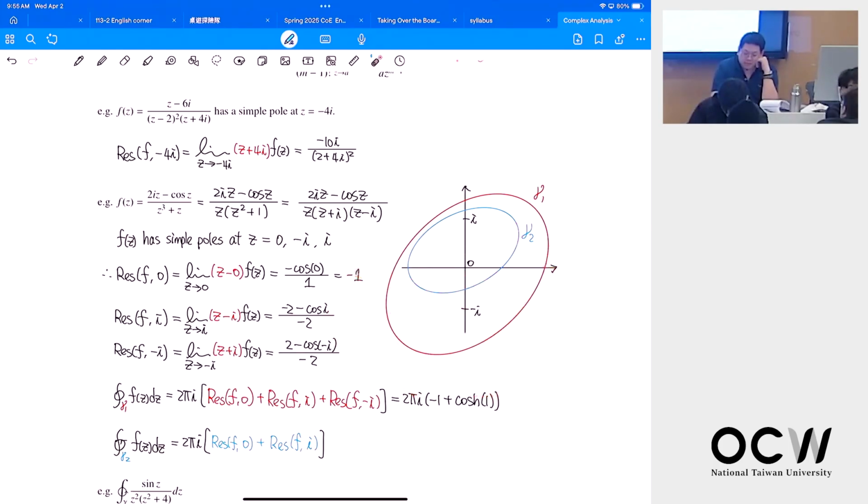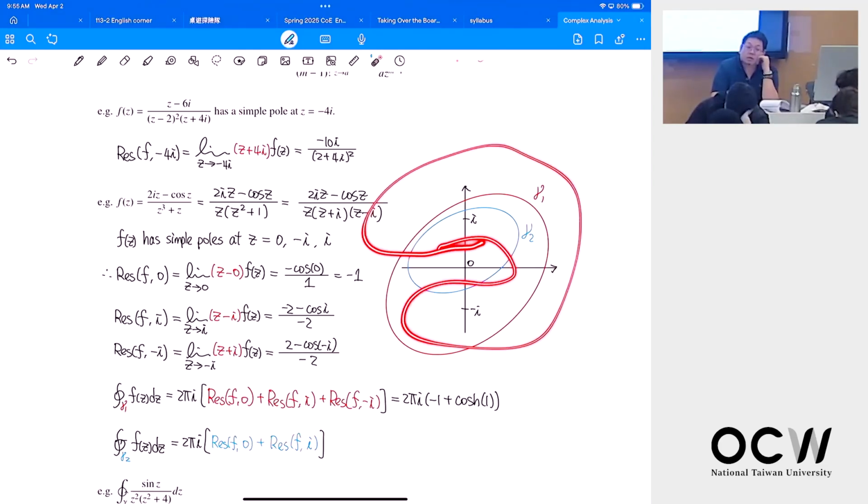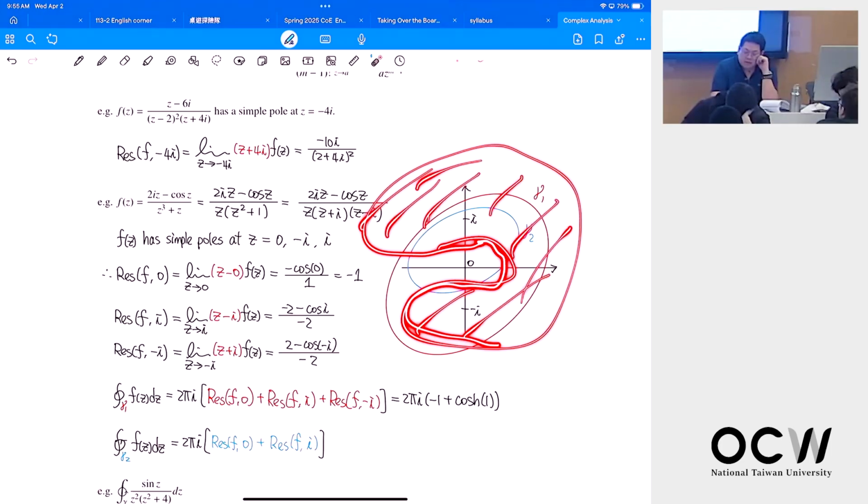Okay? If I have this curve, what is the circular integration? So for this curve, 2 pi i times the residue at i and the residue at z equals minus i.